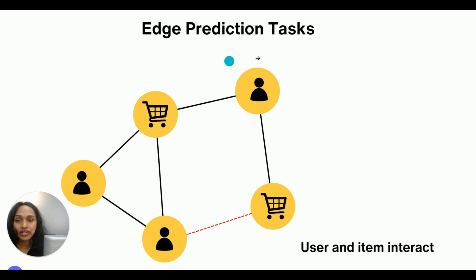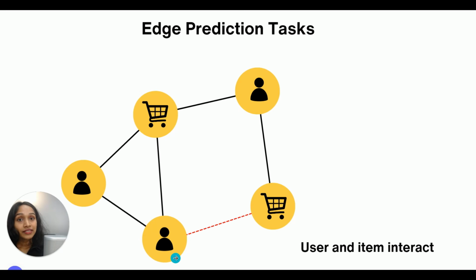Next, this is an edge level task. So this is an edge prediction task. So here we have this e-commerce platform network, and we have users and items. So these users and items are interacting with each other. So if we can predict the edge formation between this user and item, then we can tell whether this user and item will interact.